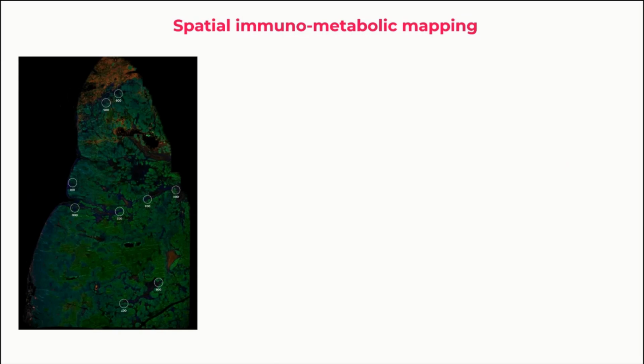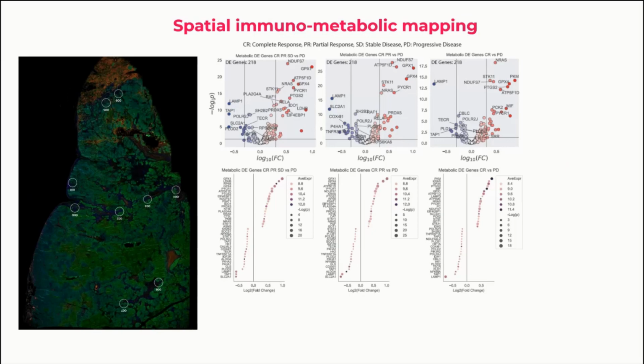And what we found was that when we looked at the RNA for these profiles using spatial transcriptomics, we identified a GPX1, GPX4 enriched tumor profile, which was associated with patients that did poorly to immune checkpoint inhibitor therapy. And this was evident in every contrast.